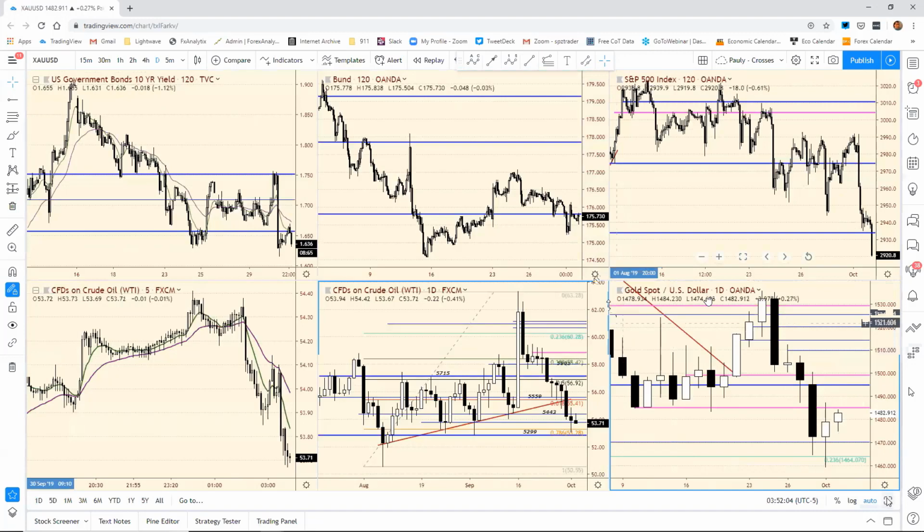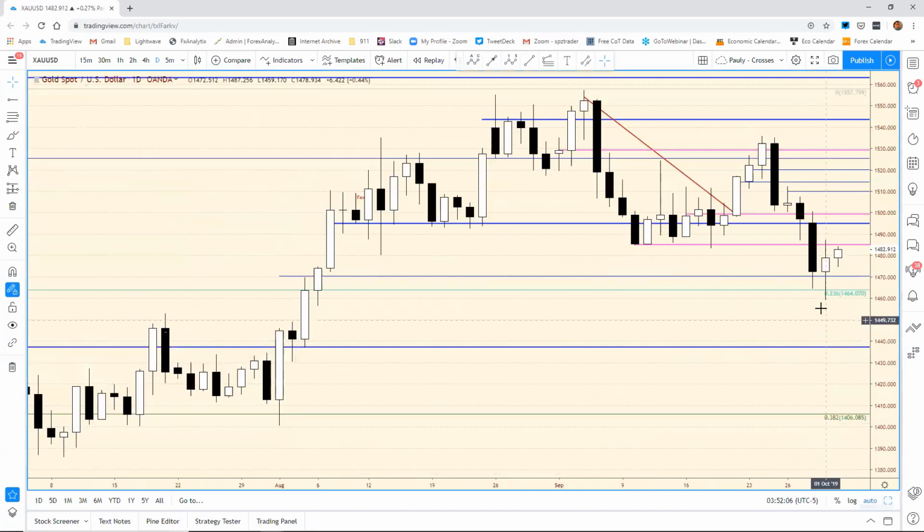Let's keep it on this gold. Now, we had talked about this two days prior, that we thought this was going to be a decent area, and we thought that area was going to be what we call bounceable. Let's take a look at this.